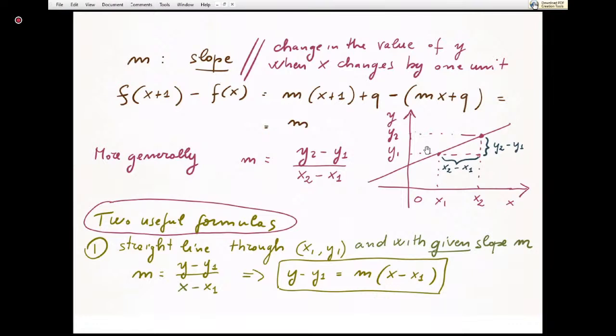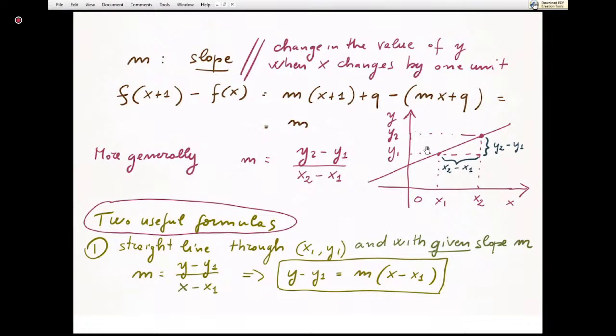Take the ratio, and you see that the ratio is always equal to m. The exercise is similar to this one. You can do that if you like, but the ratio between the vertical change and the horizontal change is always equal to m. This is the meaning of having the same slope, always the same slope.